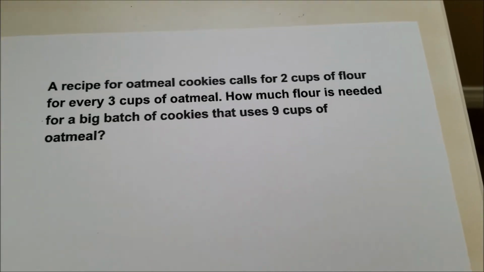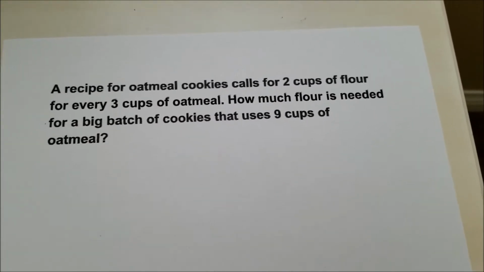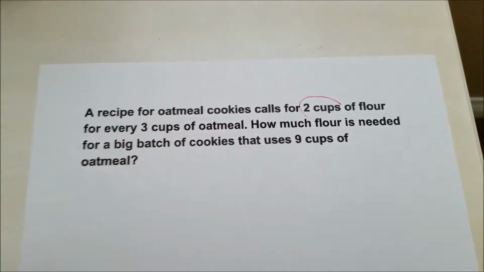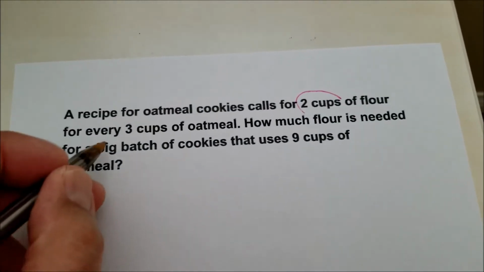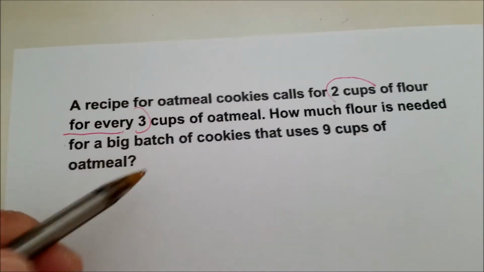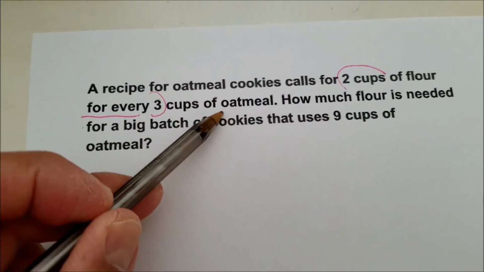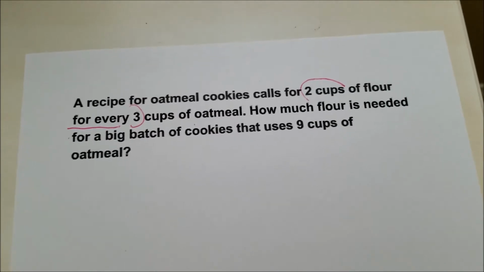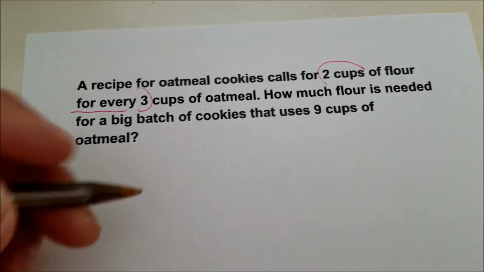So what I would always tell my math students is automatically try to identify the ratio here. So the ratio is going to be this 2 cups, and there's your clue, for every 3 cups of oatmeal. So we got oatmeal and then we have flour. As soon as you locate the ratio, let's write it down.